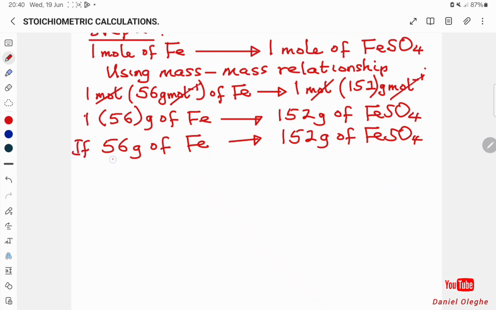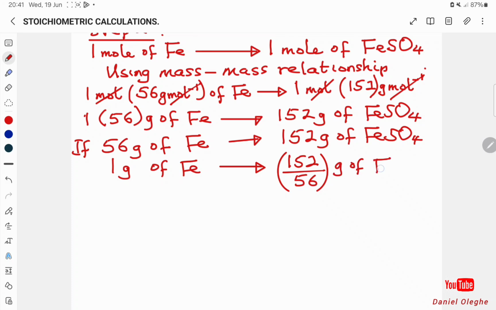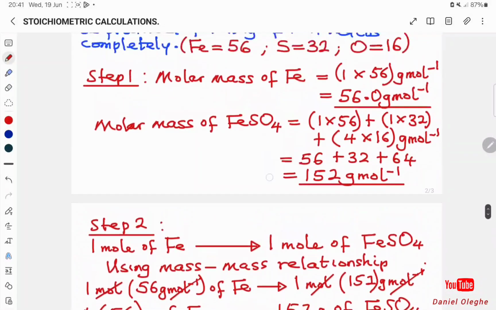So 1 gram of iron will produce 152 divided by 56. If 56 gram of iron will produce 152 gram of FeSO4, then 1 gram of Fe will produce 152 divided by 56 gram of FeSO4 by proportion. Therefore, what is the mass of iron reacting?